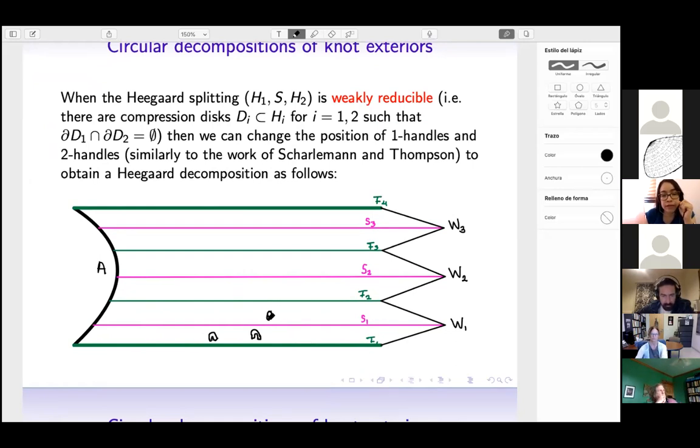Then we attach two-handles and obtain another Seifert surface S2, and so on.